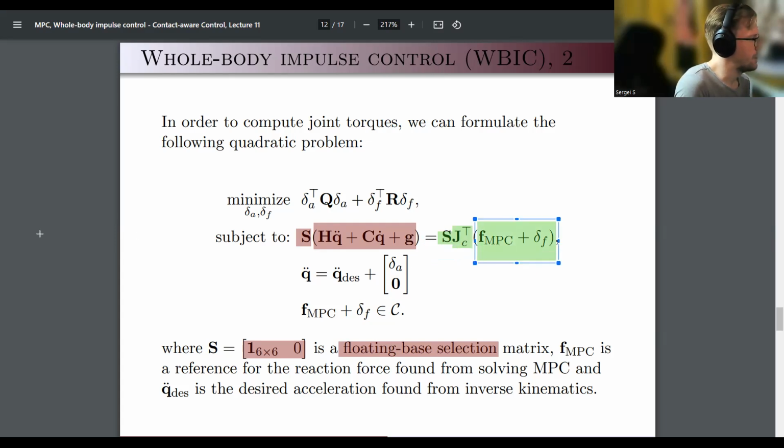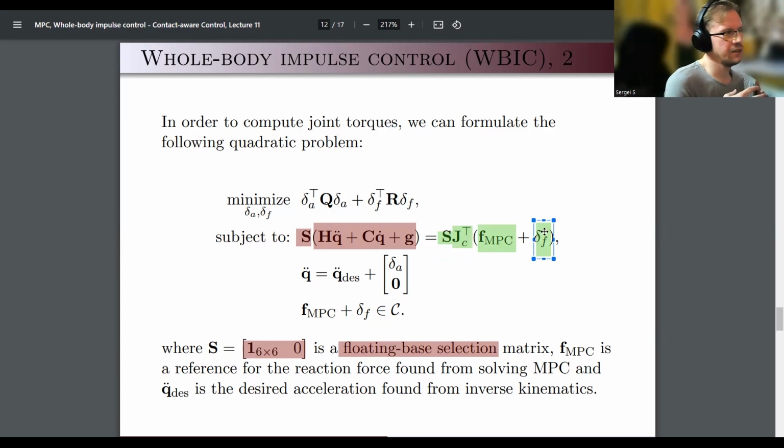And we represent our reaction forces as a reference reaction force that we got from MPC, what we saw previously at 40 hertz, plus delta F. Delta F is an adjustment that we make online. This adjustment is part of what we minimize in our cost. So basically, we want to adjust as little as possible, but we allow adjustments.